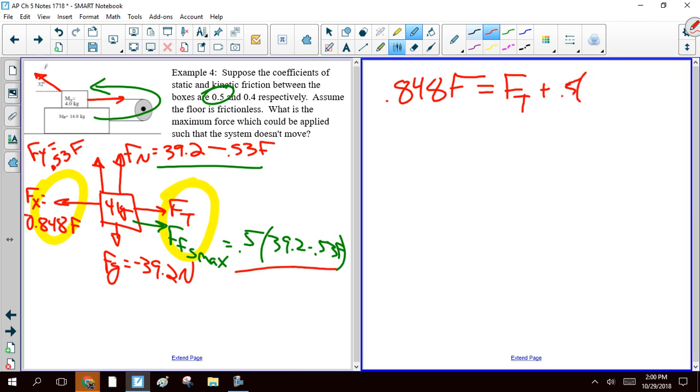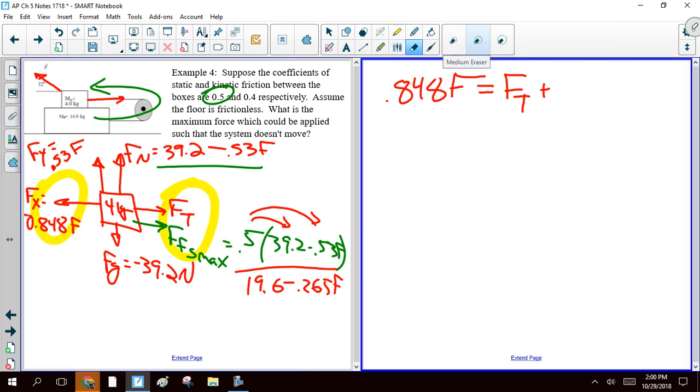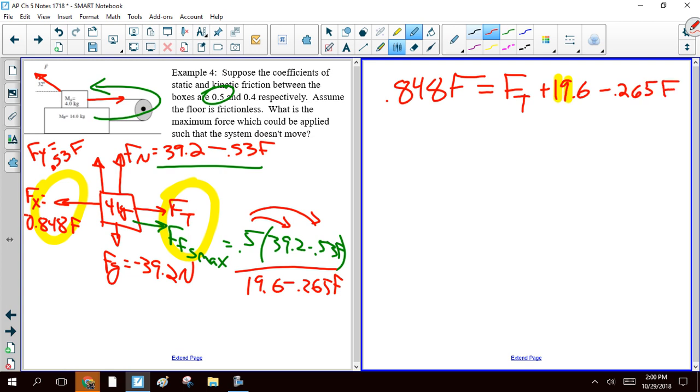0.5. You know what? If you distribute this out, I'm going to just do this. If you distribute, you end up getting 19.6 minus 0.265F. So let's just use that. Oh, yuck. 19.6 minus 0.265F.